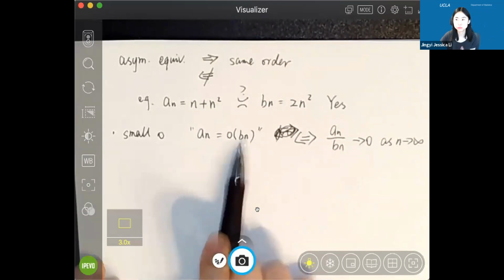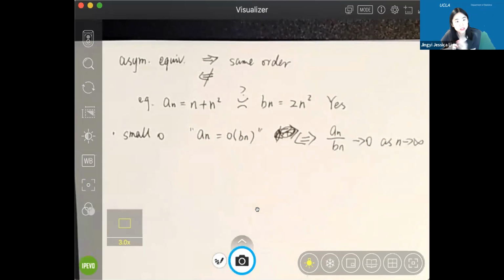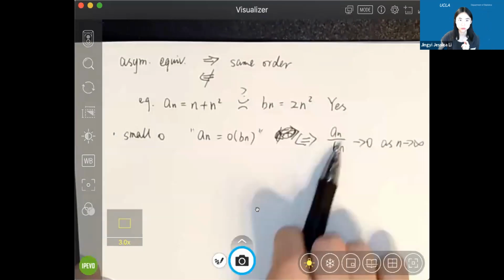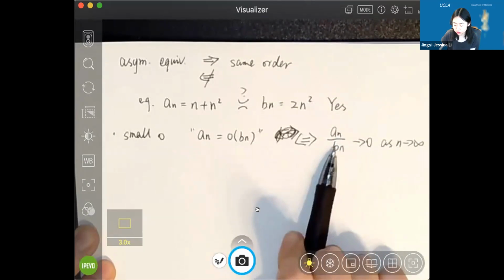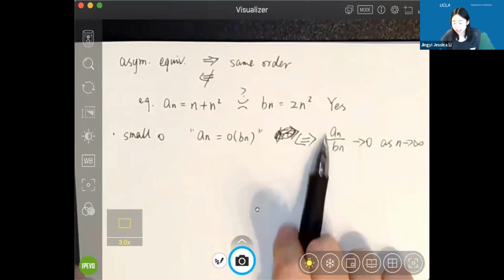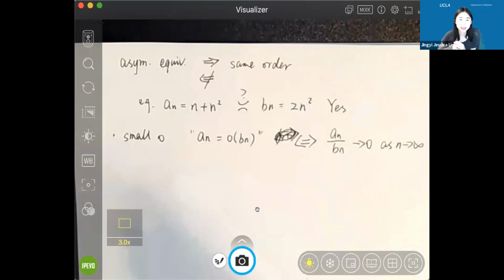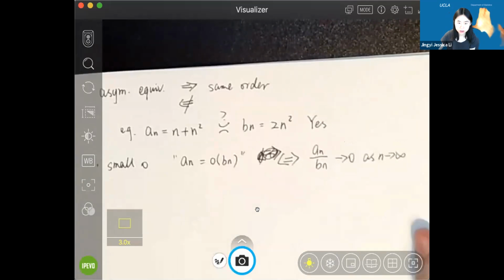AN goes down to 0 faster, and BN goes down to 0 more slowly. Then we can say BN is a conservative rate estimate for the convergence rate of AN. And that's often good enough, because if people see that your conservative rate is already fast enough, then we're happy.